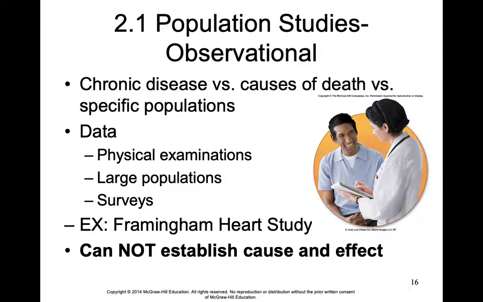Very important to note about population studies or observational studies is that they cannot establish cause and effect. All we can say from looking at population data is that, for example, consuming more salt seems to lead to high blood pressure, or seems to lead to increased risk for high blood pressure.